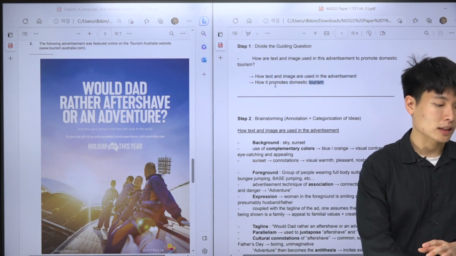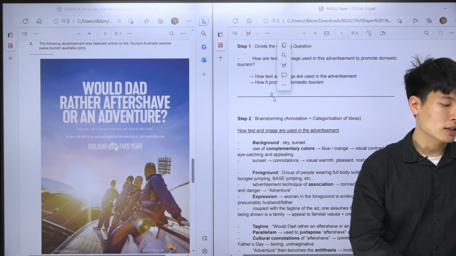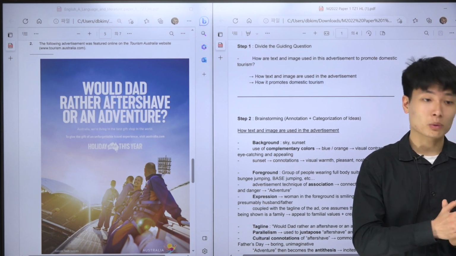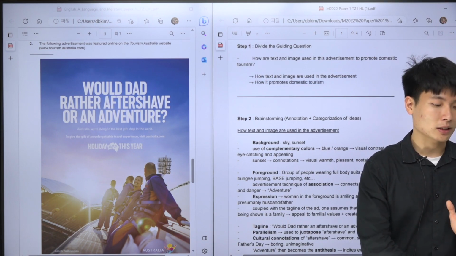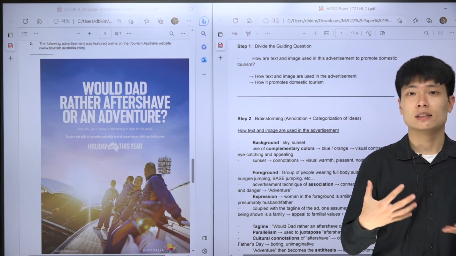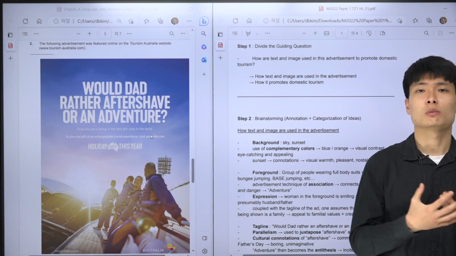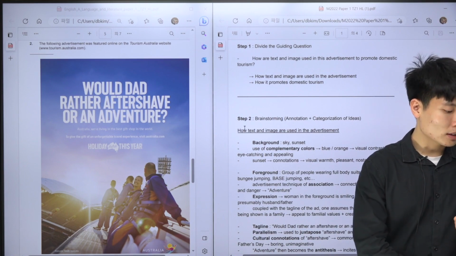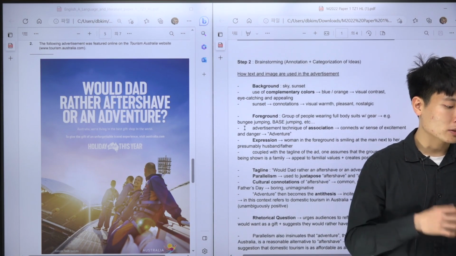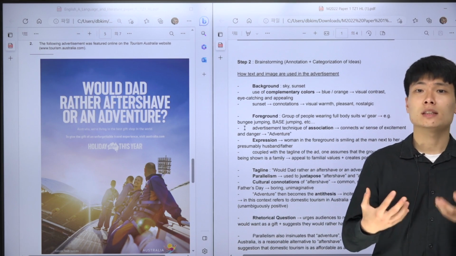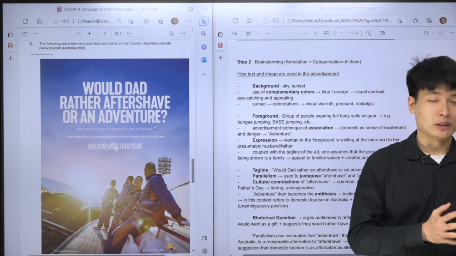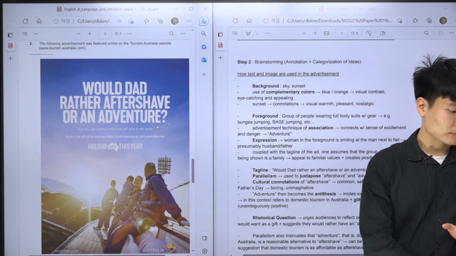And then, of course, the second guiding question demand would be how this advertisement promotes domestic tourism. You'll notice that each question can be answered separately, and this is what makes the Paper 1 easier to deal with. So, now let's look at what we can actually discuss for this Paper 1 text.